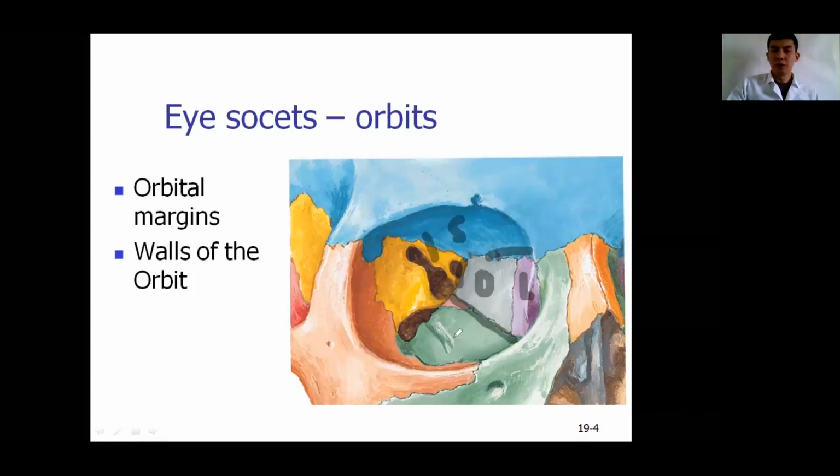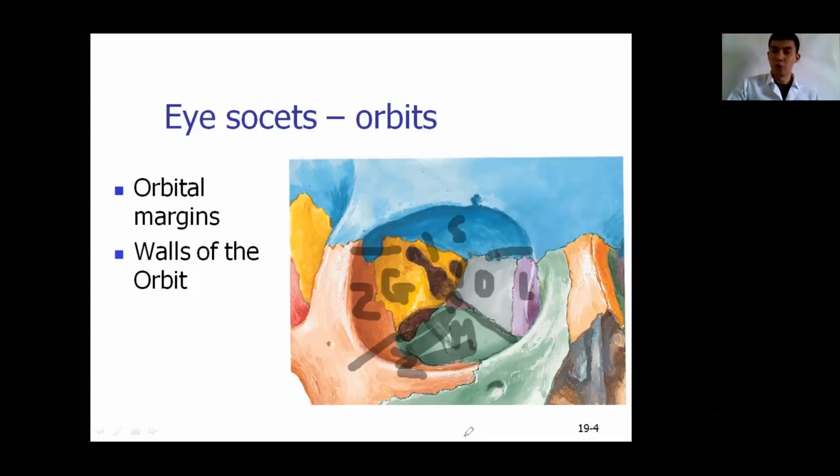The inferior wall is formed by the orbital surface of the maxilla, palatine bone, and zygomatic bone. So this region corresponds to the inferior wall. And the lateral wall is formed by 2 bones, the zygomatic and the greater wings of the sphenoid bone.